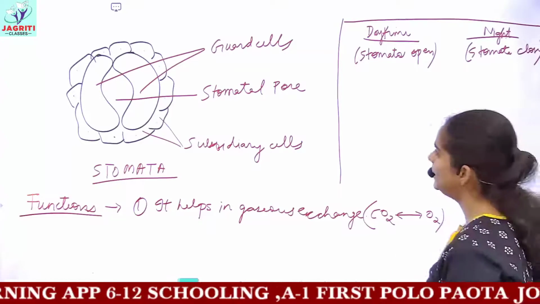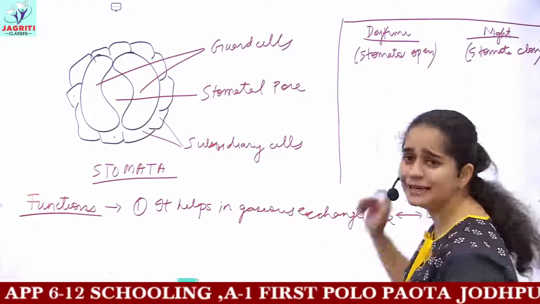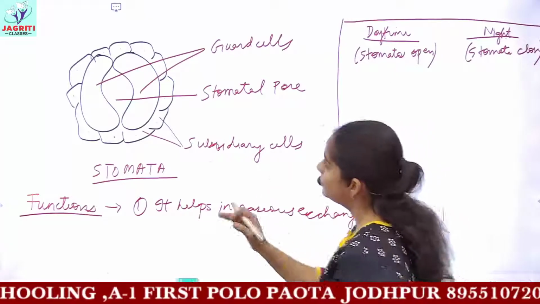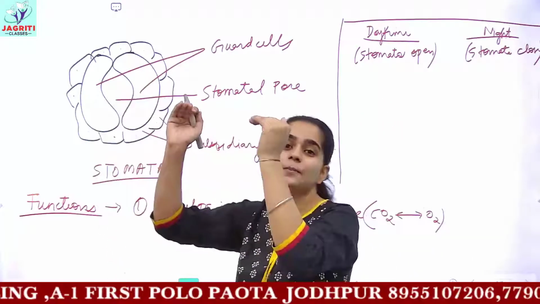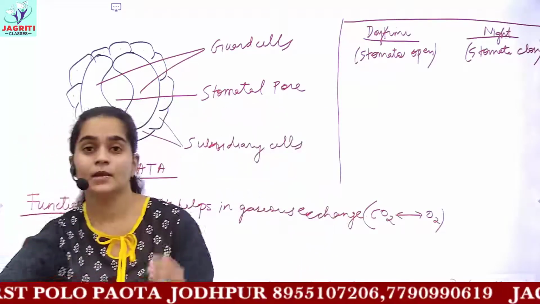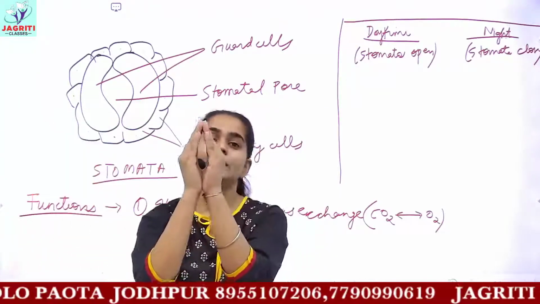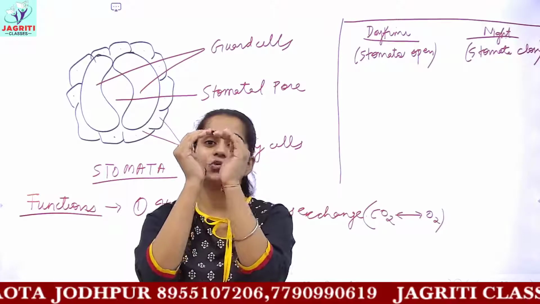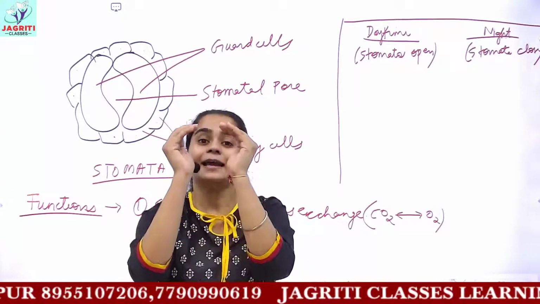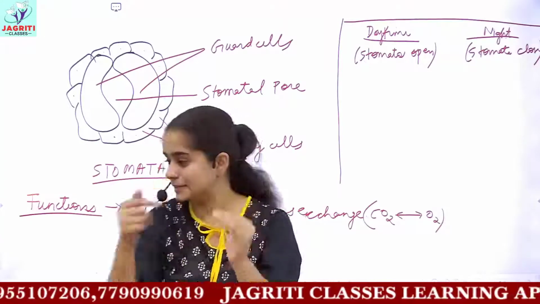What do you mean by open and closed stomata? Open means that during the daytime these guard cells swell up. Whenever in the daytime they swell up, they get far away from each other, and as a result the pore opens.